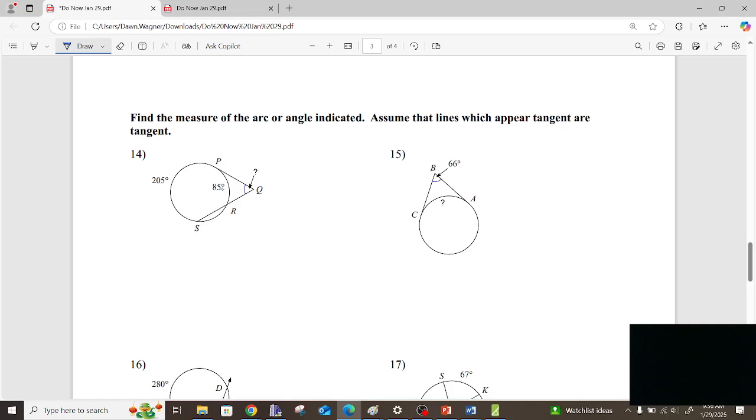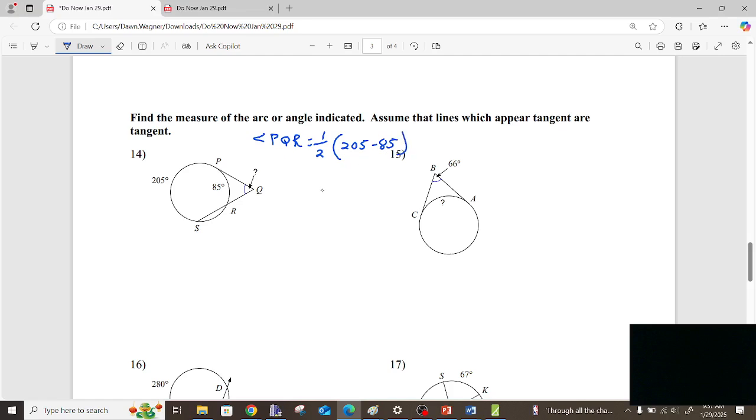So this formula to find angle PQR: angle PQR is going to equal 1/2, and you have to subtract these 2, right? So 205 minus 85.